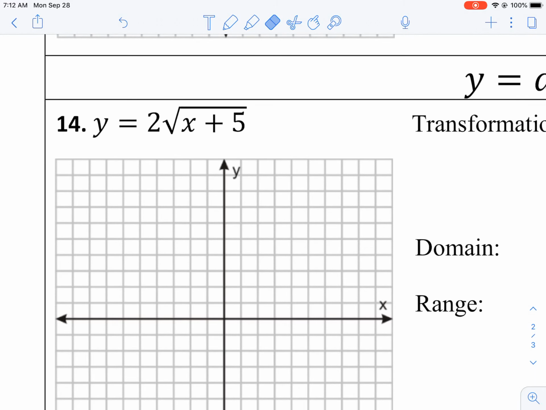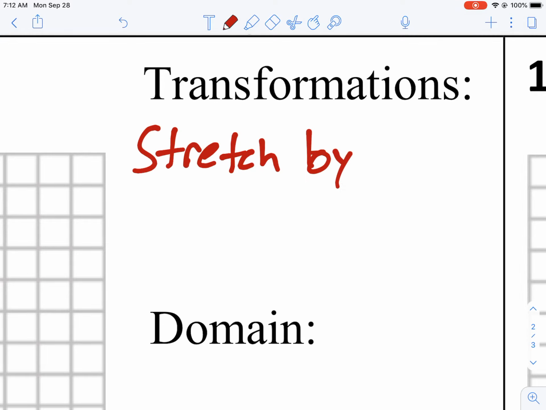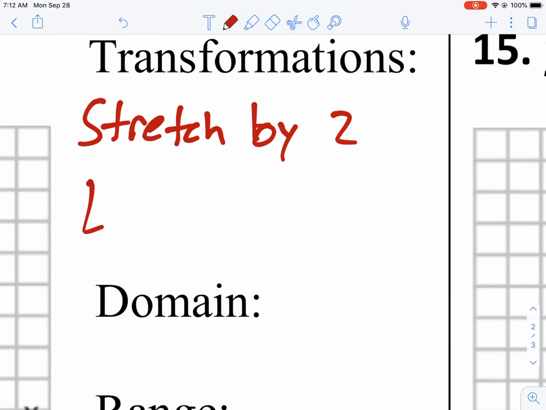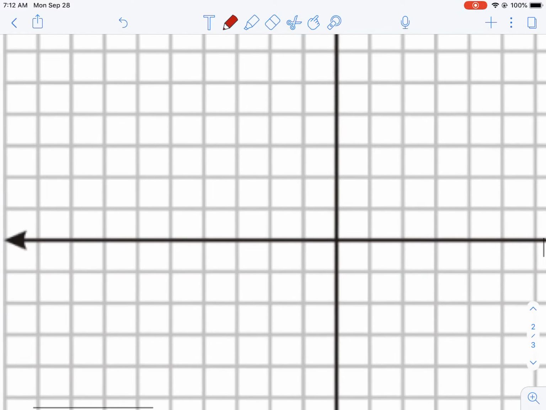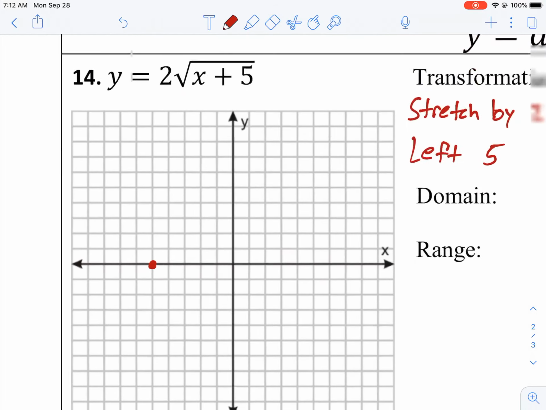This is a square root function with an a value of 2, so it's going to be stretched by 2. And it has a +5 inside the square root. That's an h value, so that's going to be left 5. Remember for a square root, that's a little curve. So that's going to be starting to the left 5.